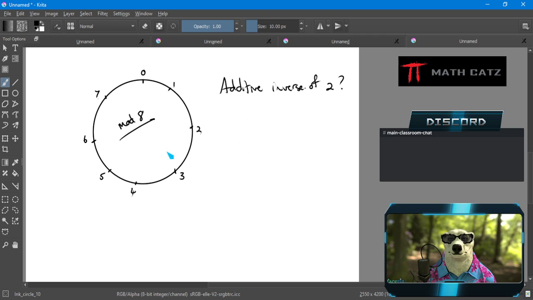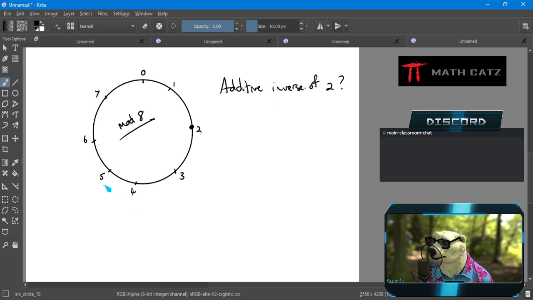So I find the most intuitive option the walking one, and it's perfectly sufficient for us. Let me think, is that sufficient for us? Yeah, I don't think that's ever going to get us into trouble. So additive inverse of 2 means I'm at 2.